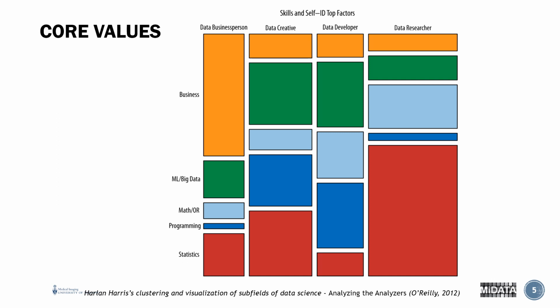And it's interesting, if you look at the four different types, you have a data business person, you have a data creative person, you have a data developer, and you have a data researcher. So let's start with the data researcher, because that's probably the easiest to start with. Inevitably, it's going to be the more classic description of a scientist.